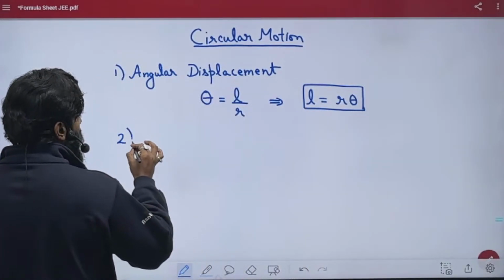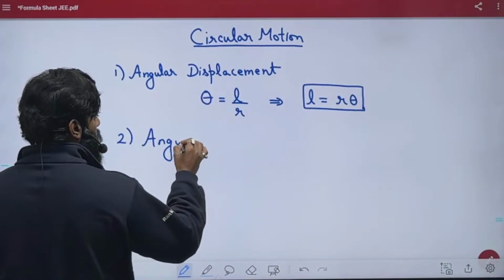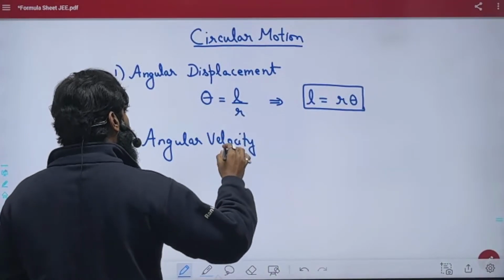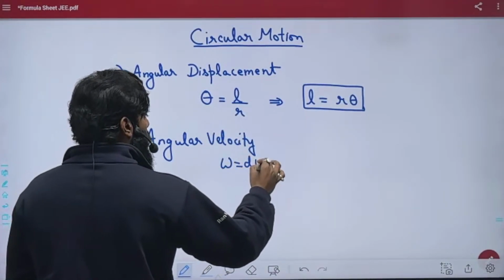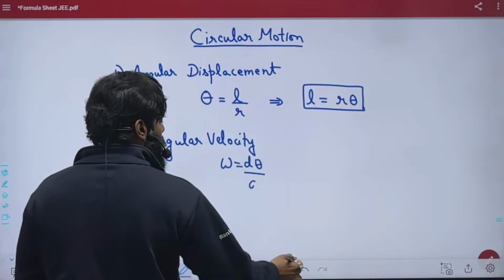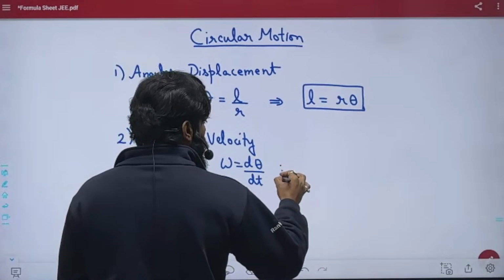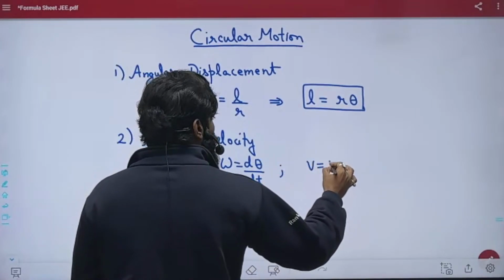To get the angular velocity omega, you have to differentiate the angular displacement. It is similar to the kinematics which we have already studied. And V equals R omega.